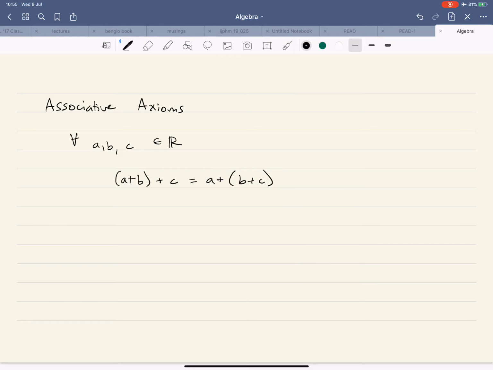And a times b quantity times c is the same as a times the quantity b times c. Okay? So together, the commutative and associative axioms are permitting you to add or multiply numbers in any order and in any group of two.